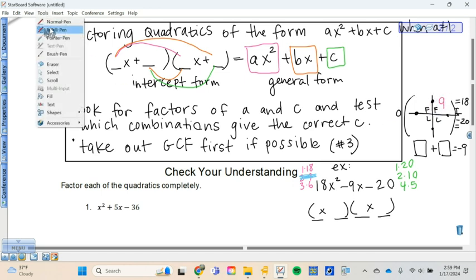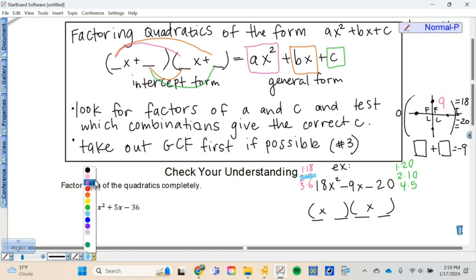1 and 18. If I try 1 and 18, and I try 1 and 20, let's say. I'll do 20 and 1, right? 20 and 18, that doesn't get me to negative 9. And certainly 1 and 20, I don't know what 20 times 18 is, 360, I guess, right?